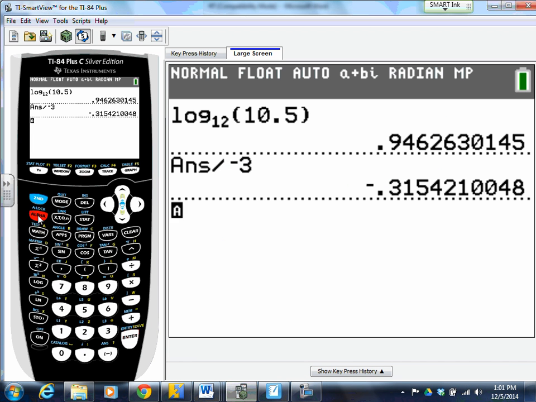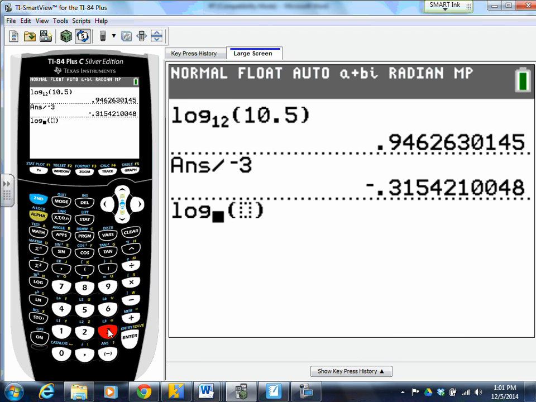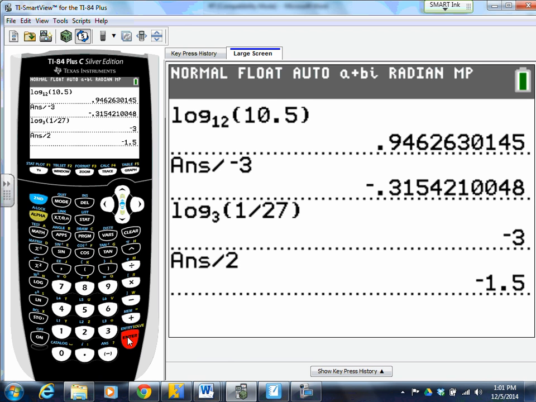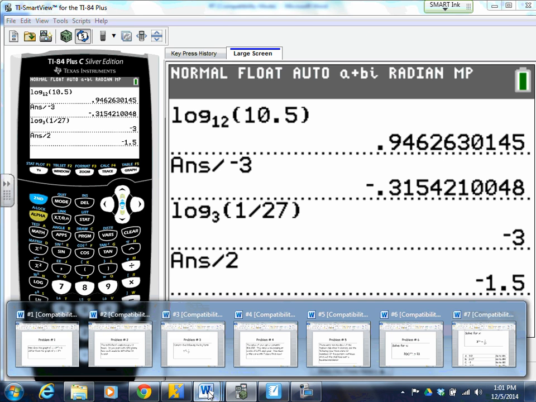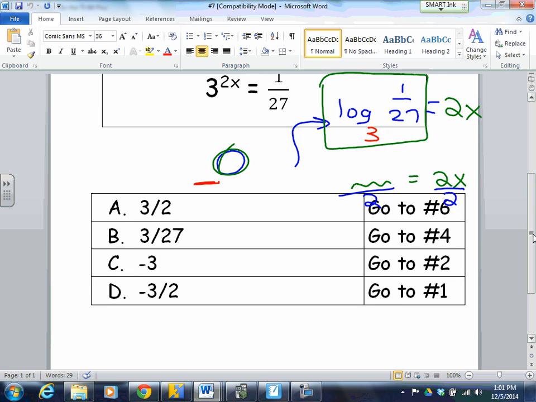I'm going to do the alpha window, log base 3, of 1/27th. And again, that's what equals 2x, right? So if we just take that and divide by 2, we will get our answer there of negative 1.5 or negative 3 halves. That's probably how it was written on the sheet. So negative 3 halves down there. Yep, so the answer was D for that one.